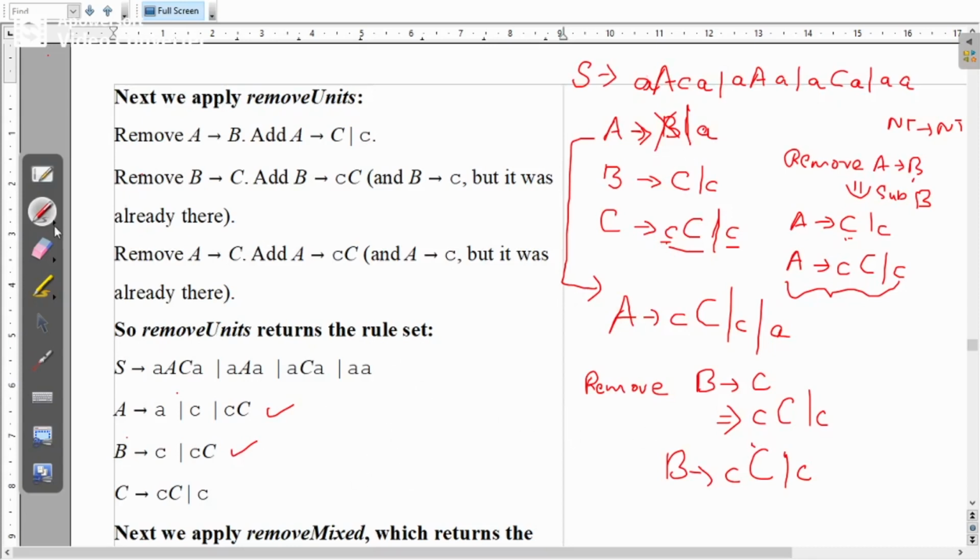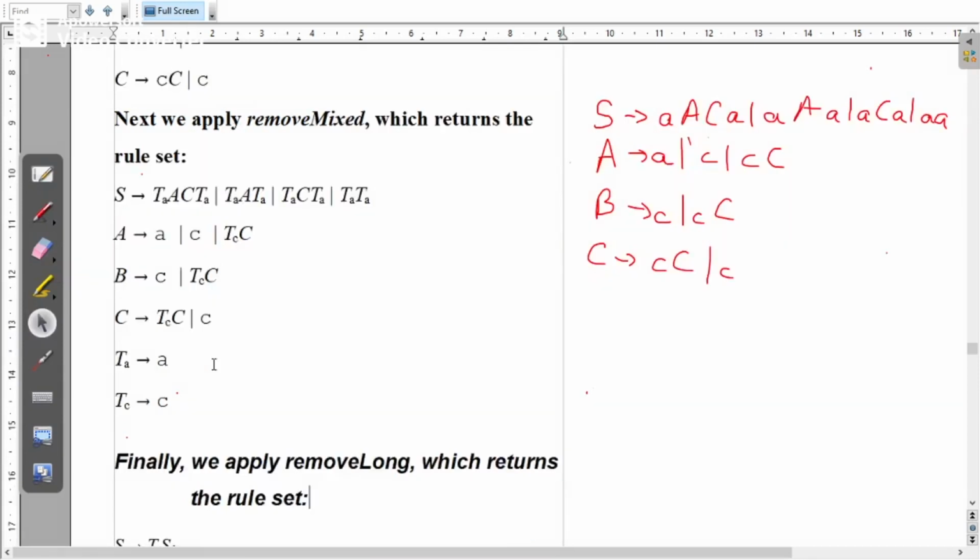After applying the unit production, we have to check the next one. What's the next one? Remove mixed. And remember always, these are the steps which are continuous.